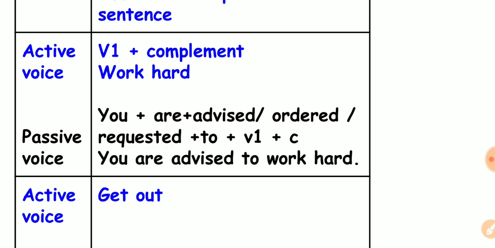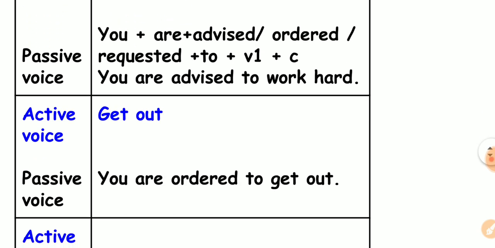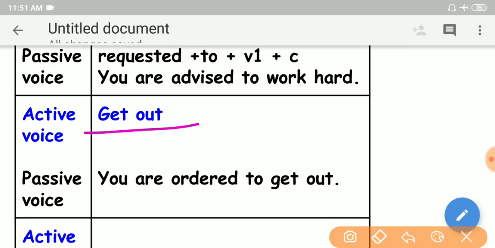imperative, my dear friends. Like such examples: get out, you are ordered to get out. Get out is also a sentence. Get is here an intransitive verb. It's not a transitive verb, my dear friends. You are ordered to get out.